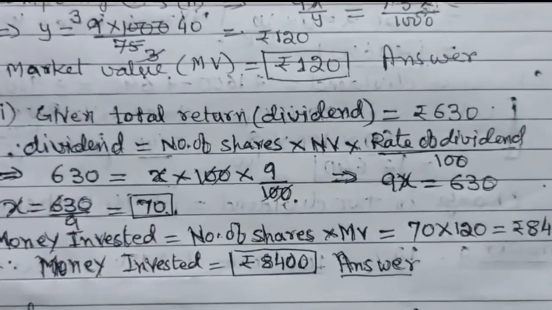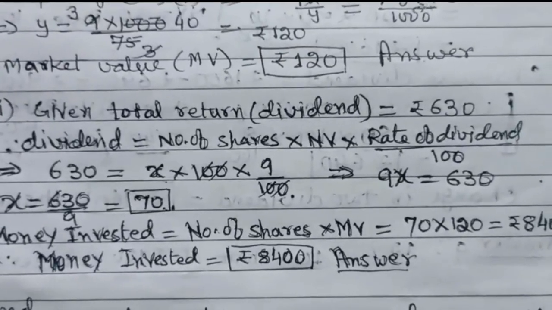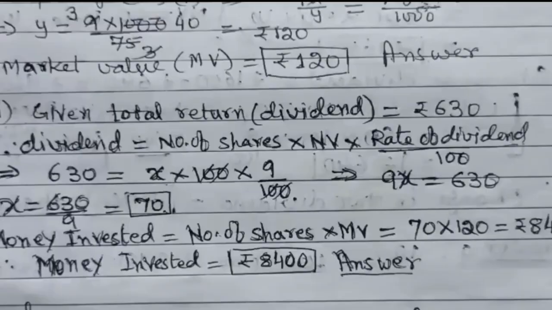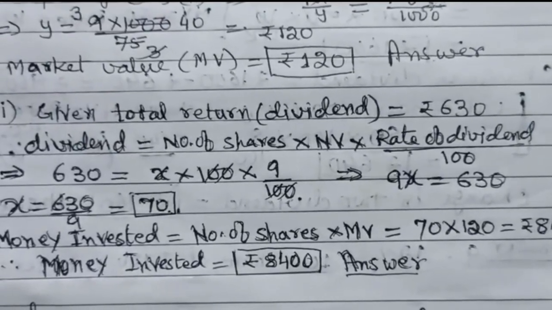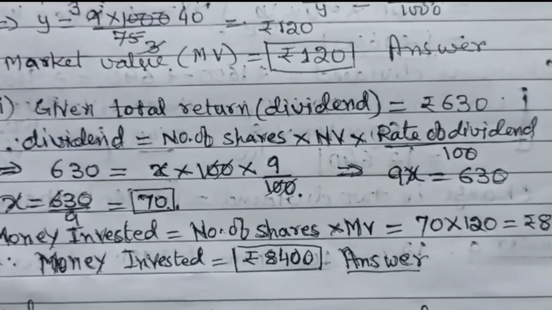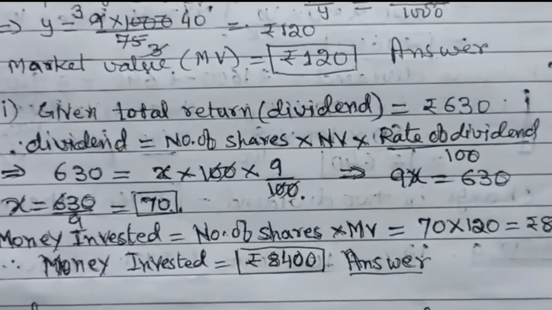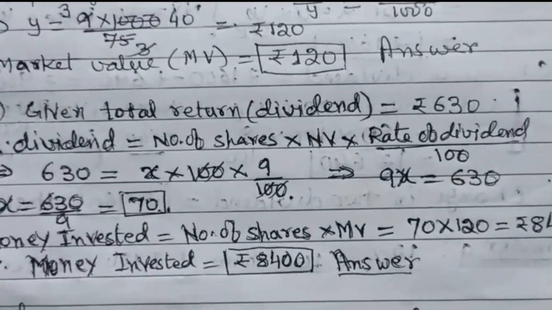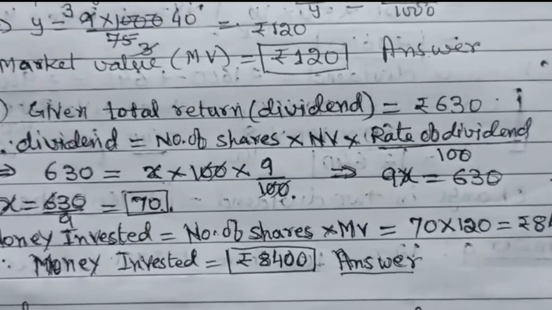Now in the second part, we have to find out how much money he should invest to obtain a dividend of rupees 630. So here the dividend is given as rupees 630, so using the formula dividend is equal to number of shares into nominal value into rate of dividend upon 100.